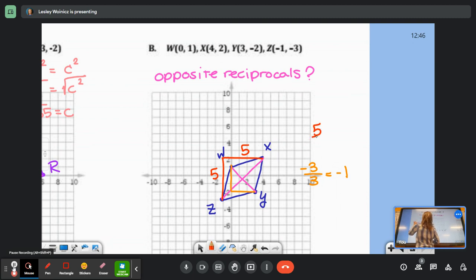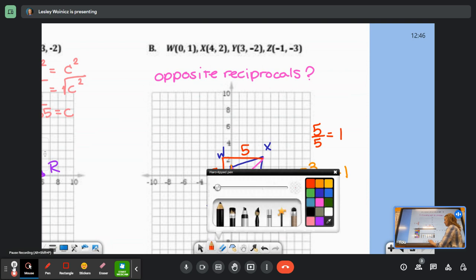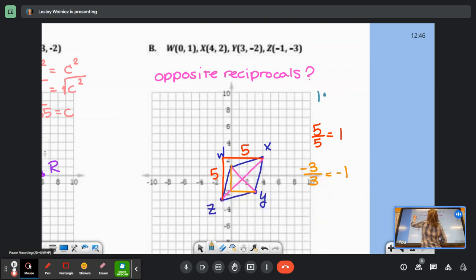So 5 over 5 is 1. The test for opposite reciprocals is that when you multiply them together, you should get negative 1. So 1 times negative 1, do I get negative 1? Yes. So these are opposite reciprocals. Okay, so these diagonals are perpendicular.